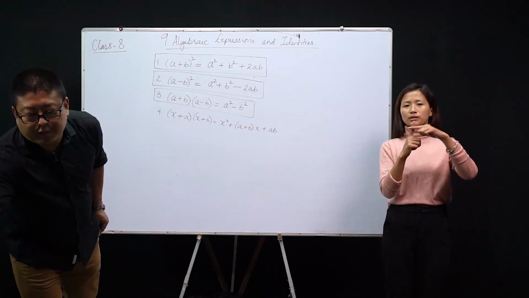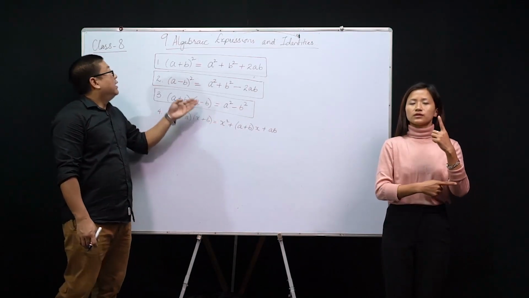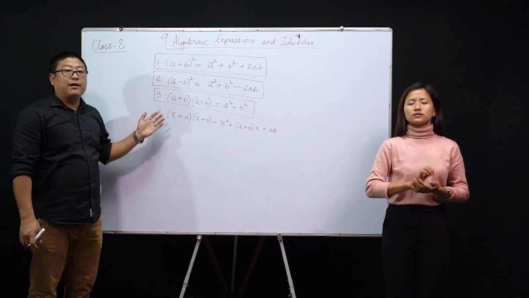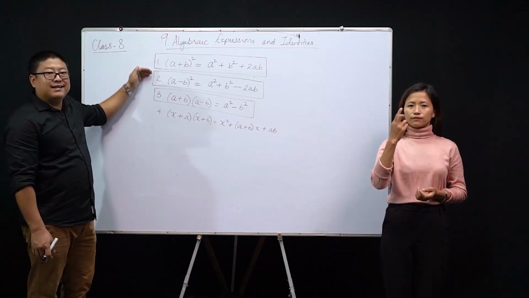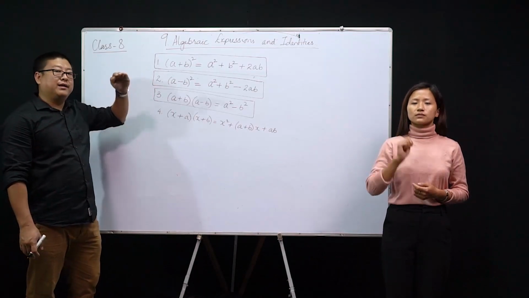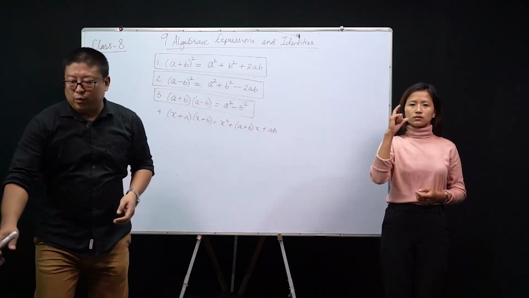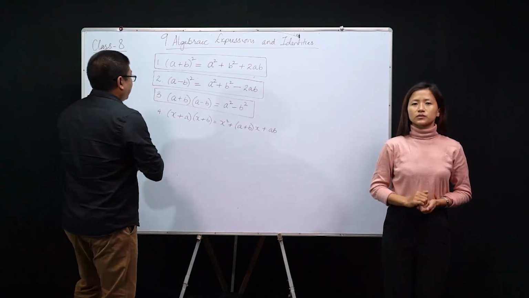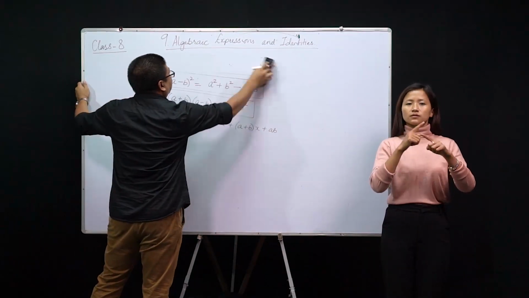So this is your final identity. These four identities are very important, especially the first three. Memorize them by heart by any means, because you're going to be using them in the higher classes. So to understand them better, let's perform some exercises in exercise number 9.5.